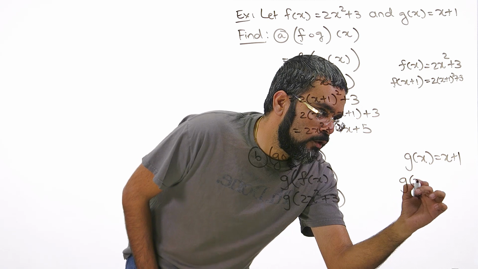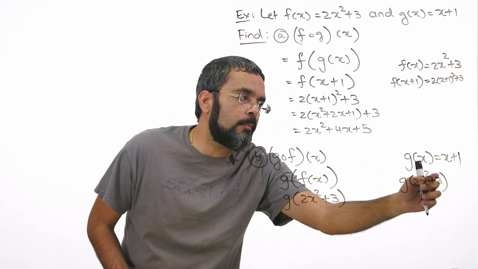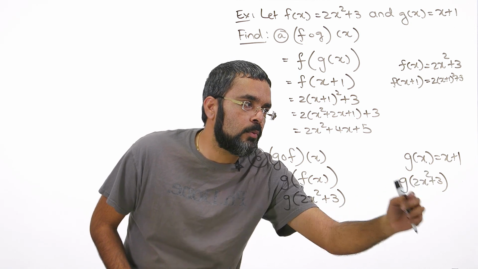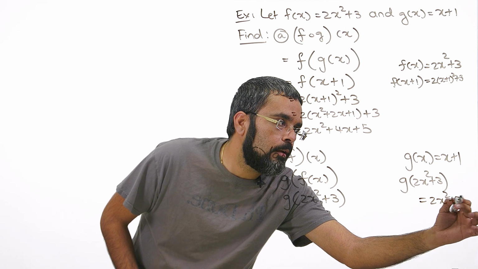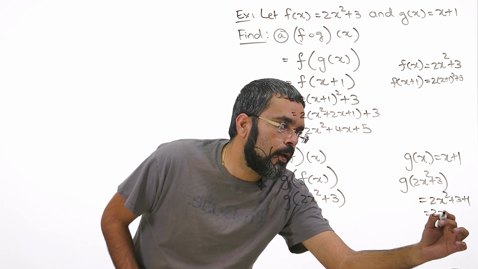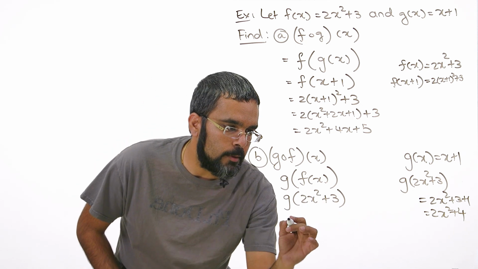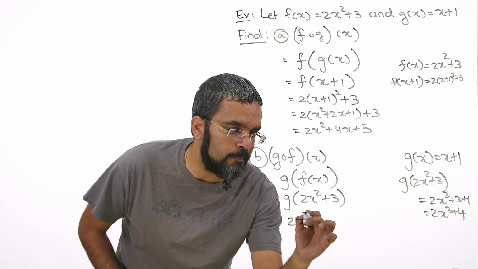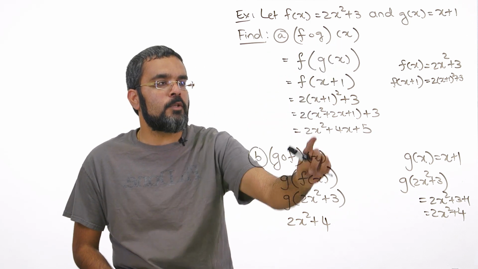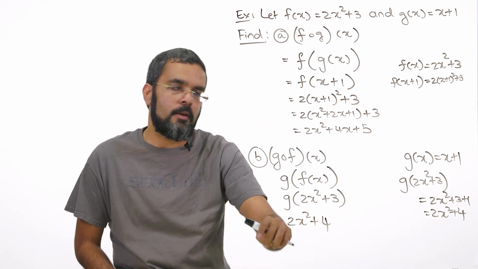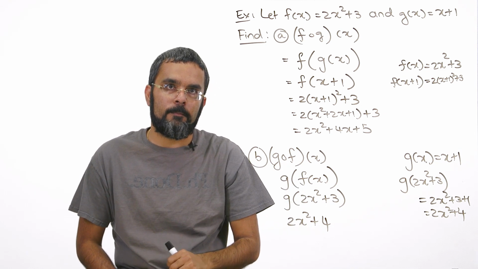So wherever I see an x, I'm going to replace that x with 2x squared plus 3. And so that's going to give me 2x squared plus 3 plus 1, or 2x squared plus 4. So this is your (f∘g)(x), which is 2x squared plus 4x plus 5. And then we have (g∘f)(x), which is 2x squared plus 4.